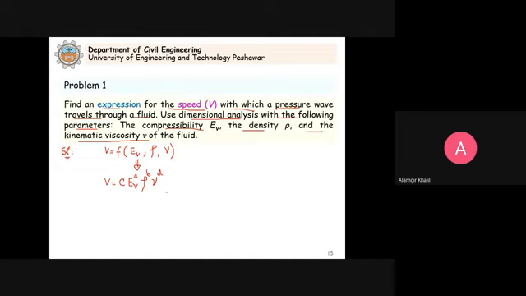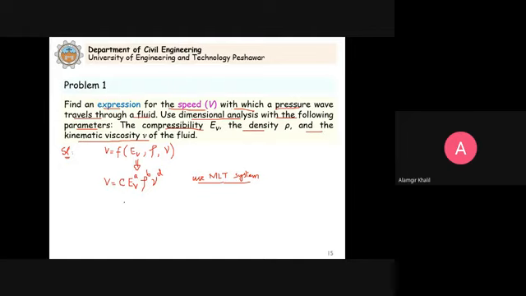C is a dimensionless constant, and again we say use the MLT system. You can solve these problems by using the FLT system, and you must get the same result. So first we need to write down the dimensions to avoid any mistake.